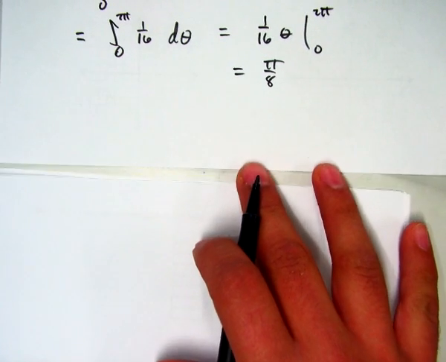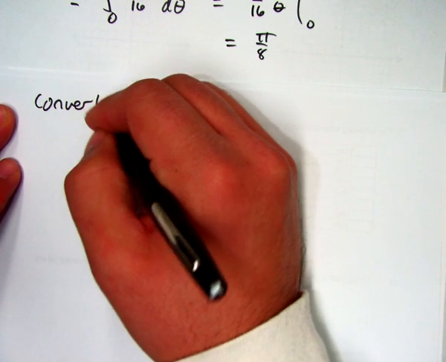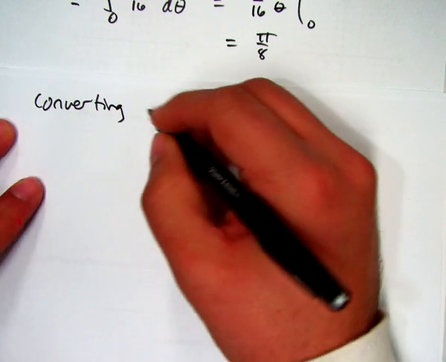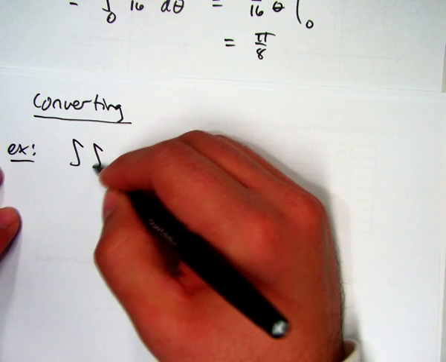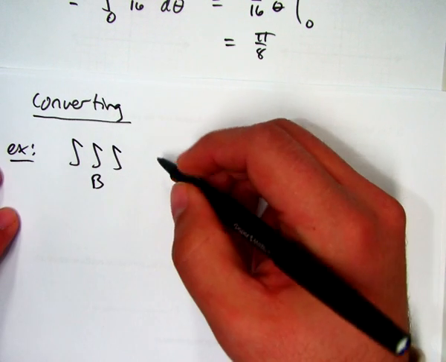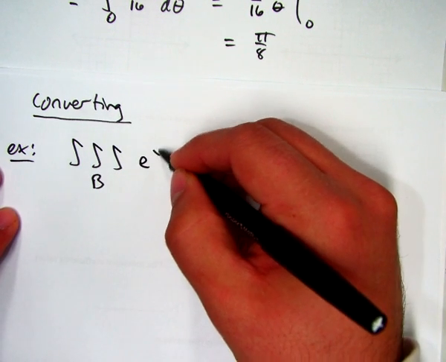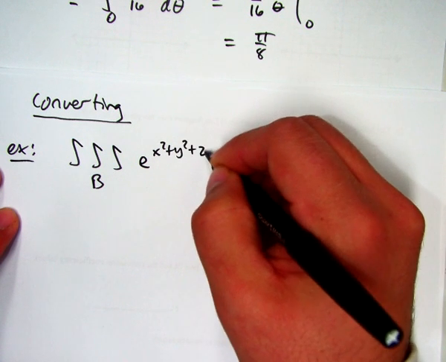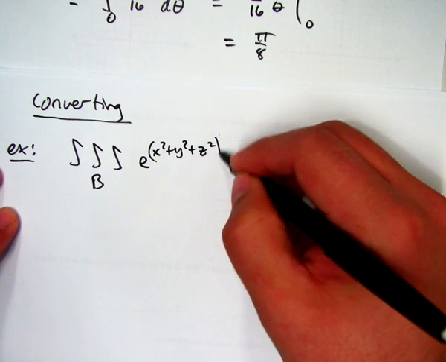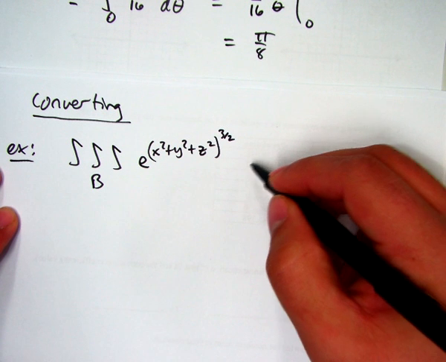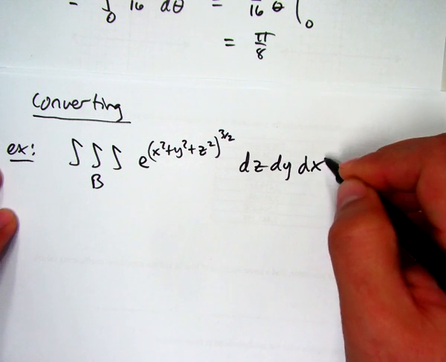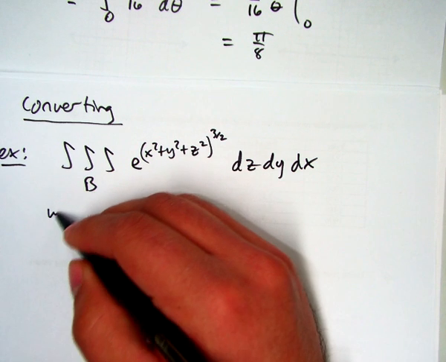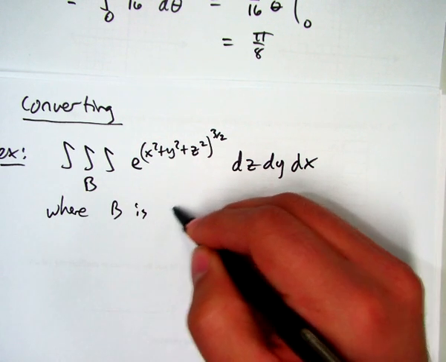Okay. So the last thing is converting. This is really where these equations come in handy. So let's say we have a triple integral over a solid B of e to the (x squared plus y squared plus z squared) to the 3/2 dz dy dx, where B is the unit ball.